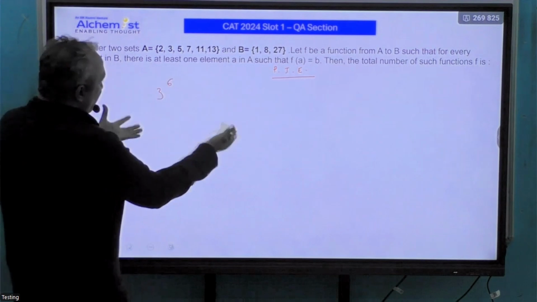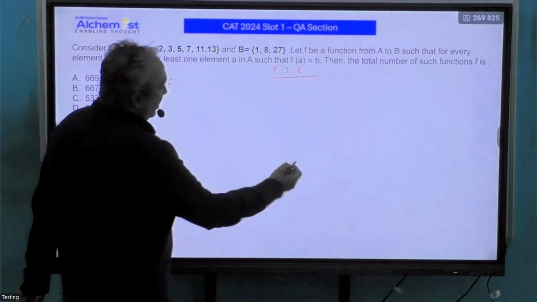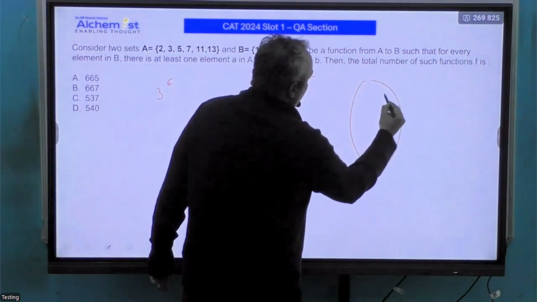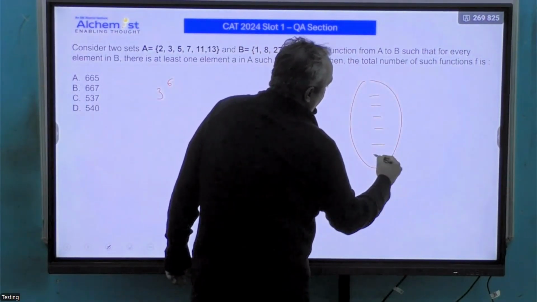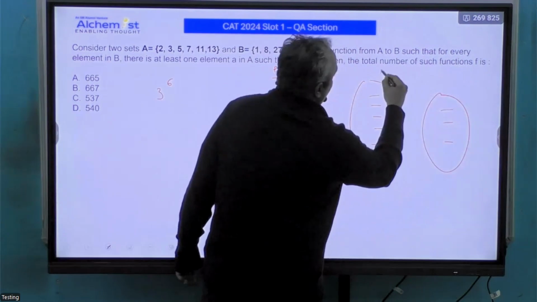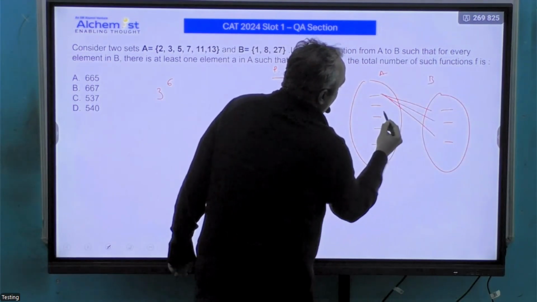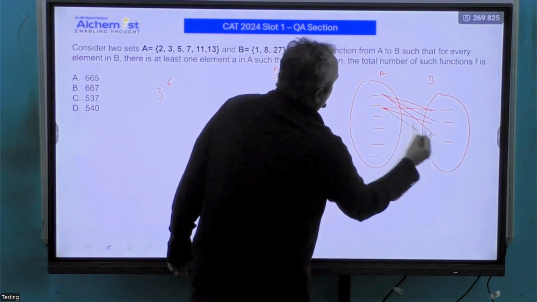So all the mappings that were happening would happen in any of the three ways. Every element in A could have gone to any one of the elements there. So you had 6 elements here, and then you had some elements here. So you had A and B. So every element could go into 3 ways. Similarly for this. So you have 3 to the power 6 ways.